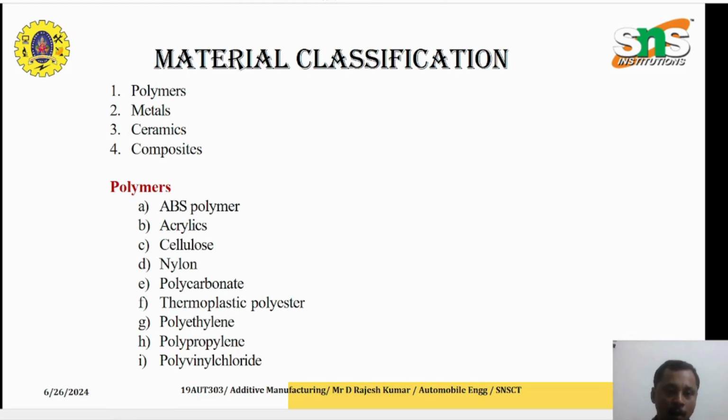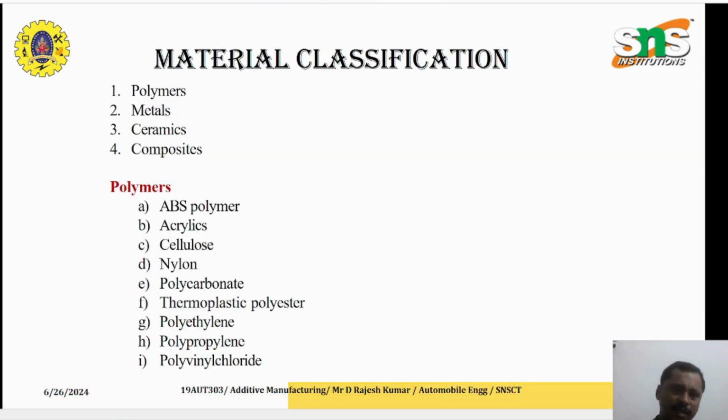One is ABS, acrylonitrile butadiene styrene. Next are acrylics, cellulose, nylon, polycarbonate, polyethylene, polypropylene, polyvinyl chloride, then thermoplastic polyester. So these are the polymers that can be used in additive manufacturing, that is the 3D printing machines.